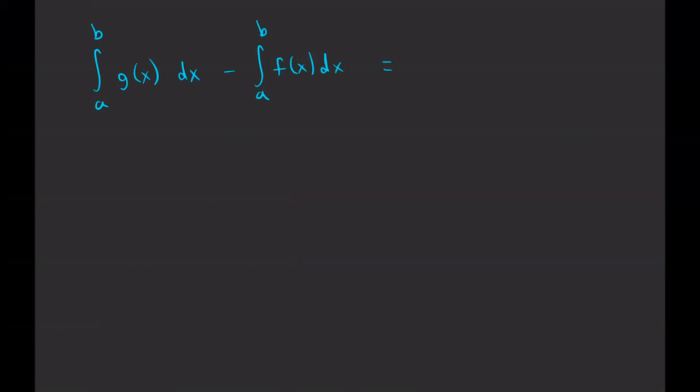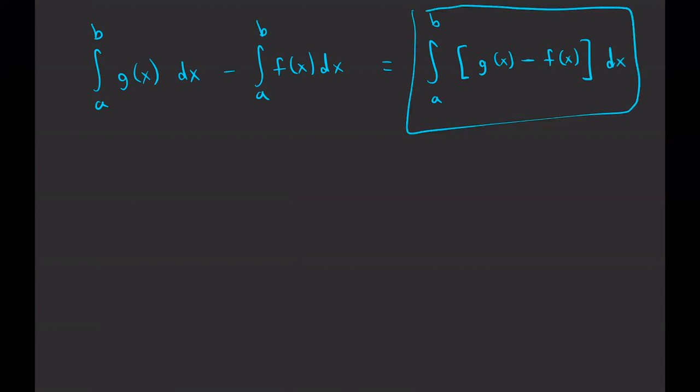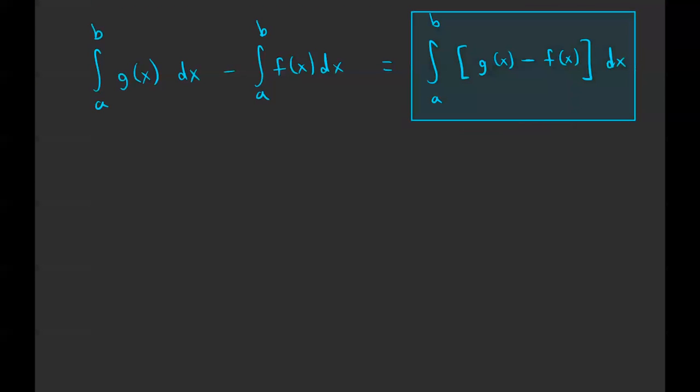We can simplify these because the limits of integration are the same. We can use those integral properties to write this as G of X minus F of X. And there we go, we've got a nice formula for the area between these curves.